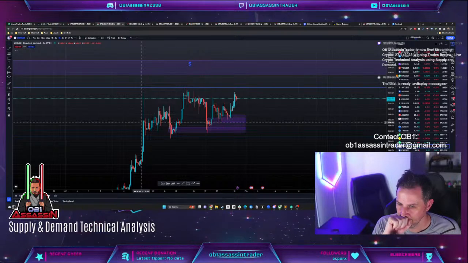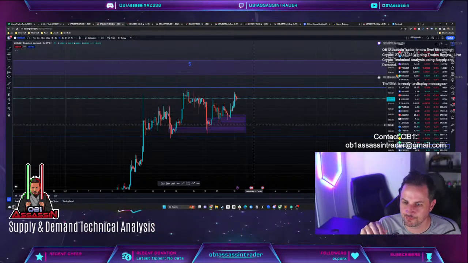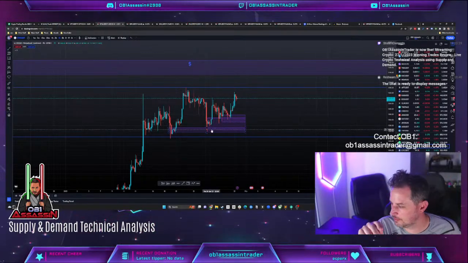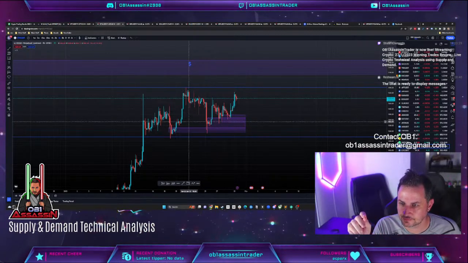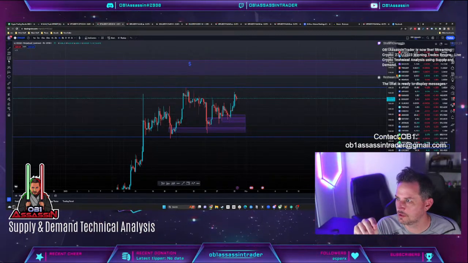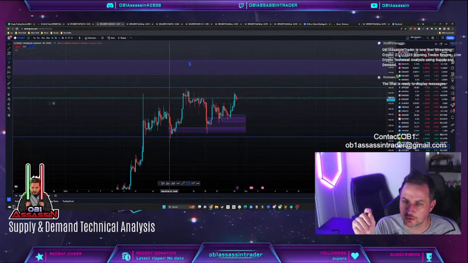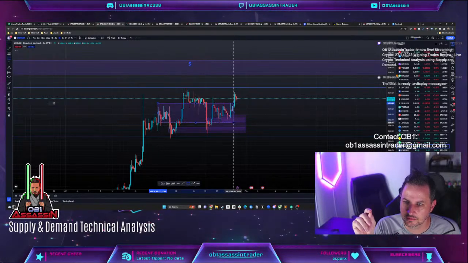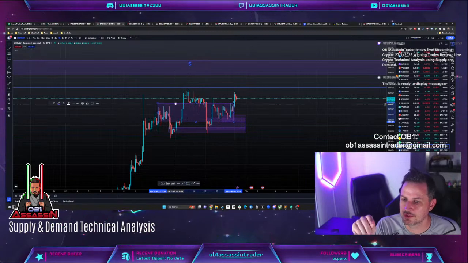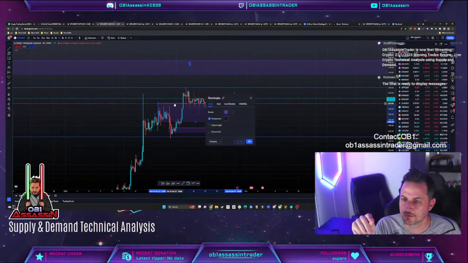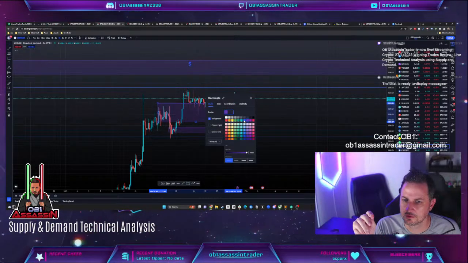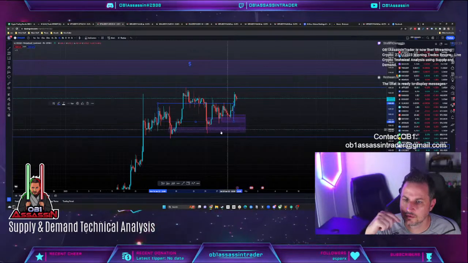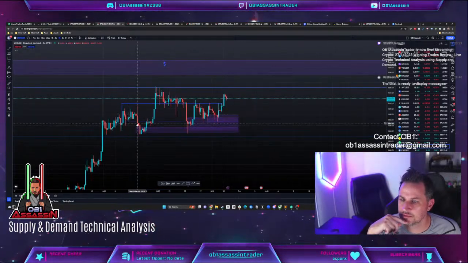Well, looking at the 4 hour chart, this is from the 20. Yeah, you could say that is a support and resistance zone. I'm just going to make this one blue for support and resistance. It is.